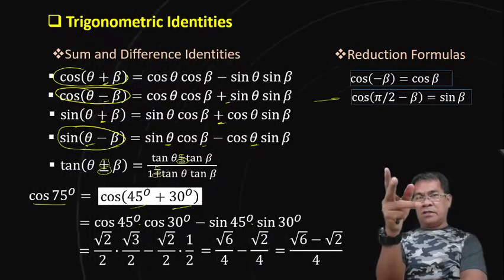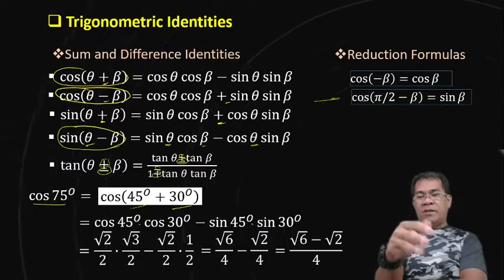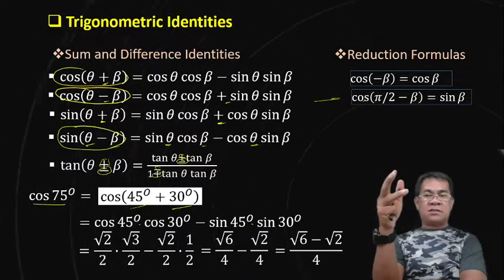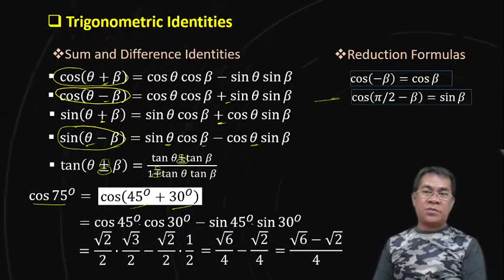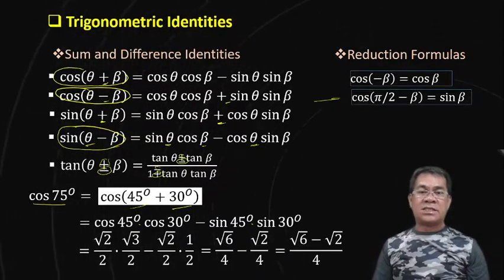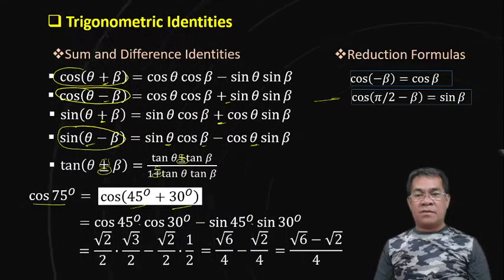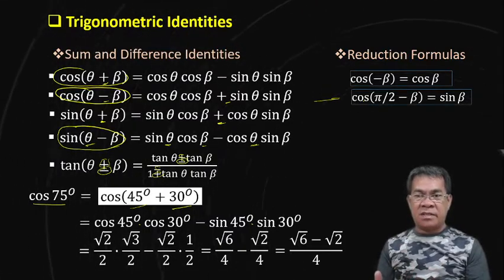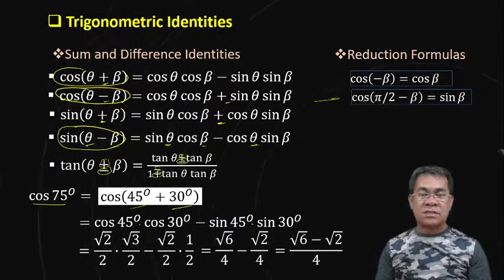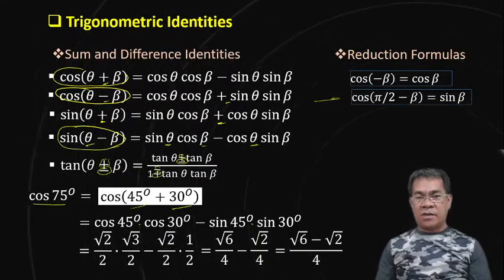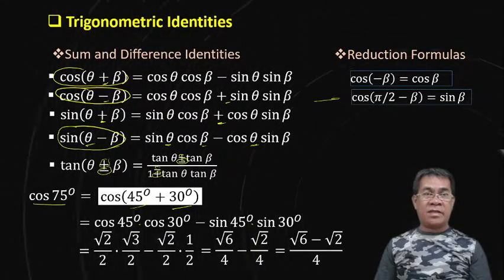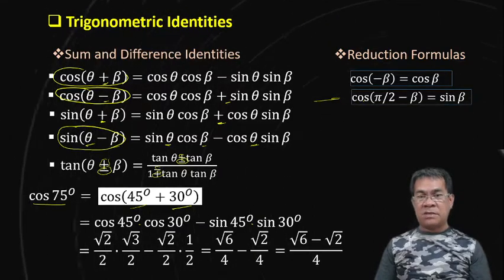If you can break that angle into special angles, then you can always provide the exact value. Why? Because the sum and difference identities can break the angles into a sum or a difference, and with that we can apply our previous knowledge of finding the exact values of special angles.